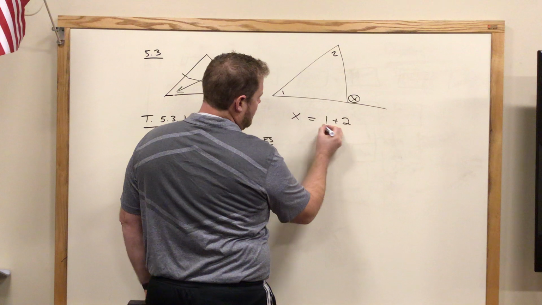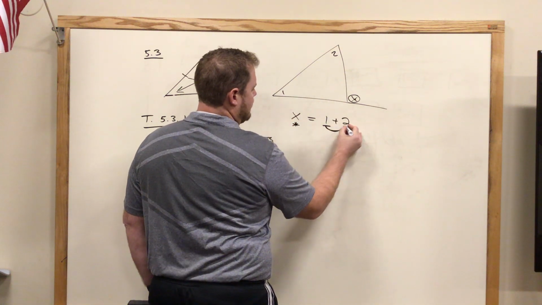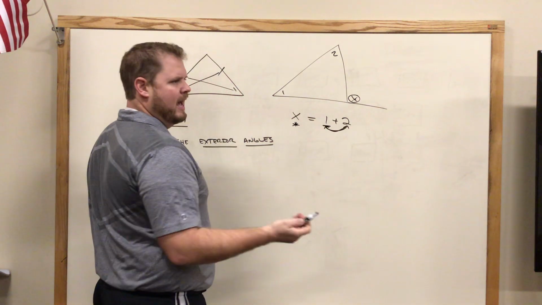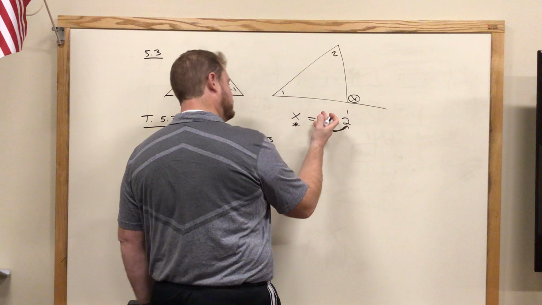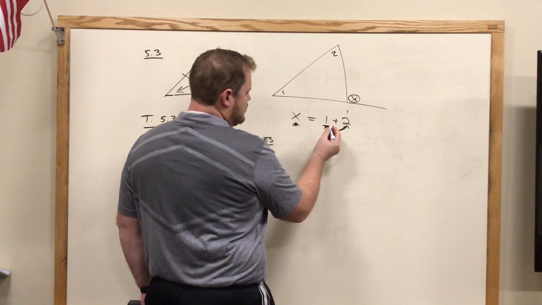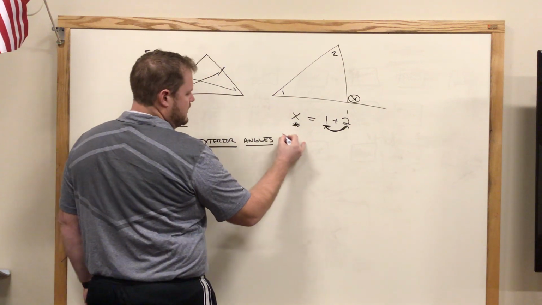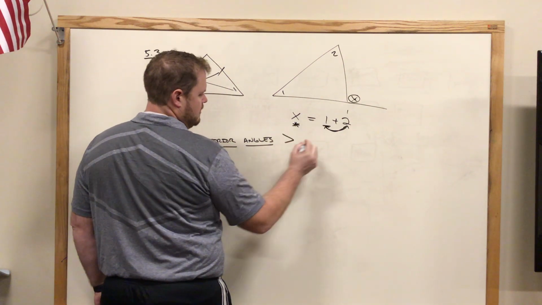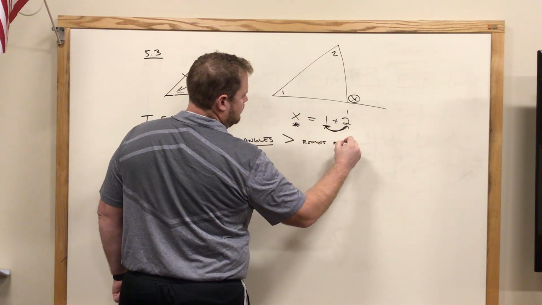In order for x to exist, we had to add these two together. In order to add those together, that means one of these had to be at least 1, and this one had to be less, whatever that is. So therefore, we would know that the exterior angle is always going to be greater than the remote interior.